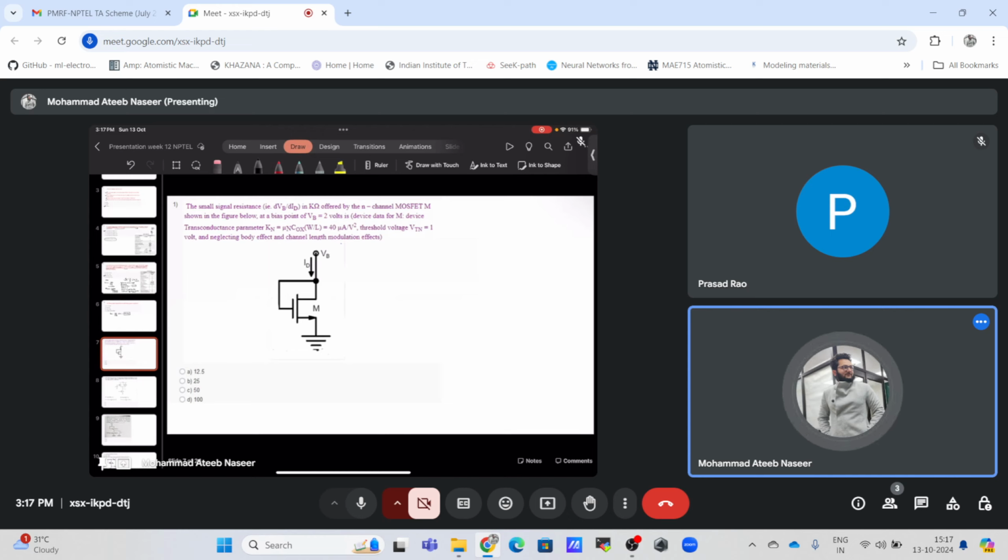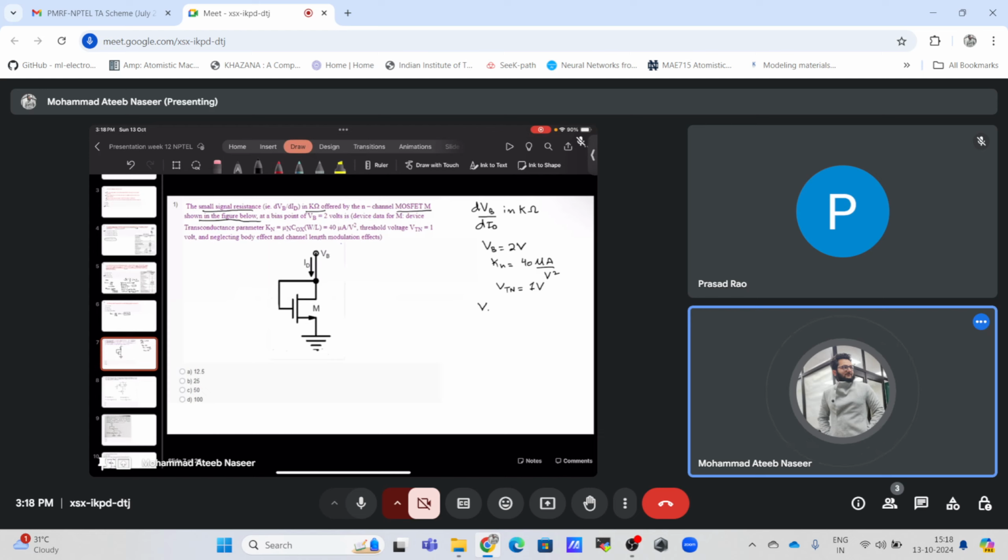This problem states that we need to find the small signal resistance, dVb by dId, in kilo ohms for the n channel MOSFET shown in the figure below, such that V bias is 2 volts, and the transconductance parameter Kn is approximately 40 microamps per volt squared. VTN, the threshold voltage for this N device, is 1 volt.